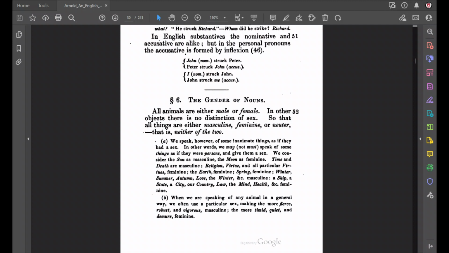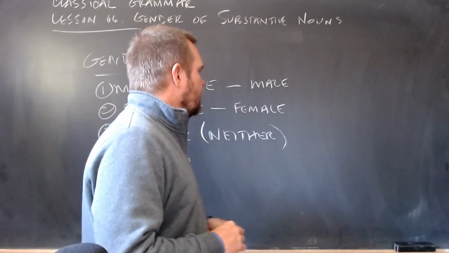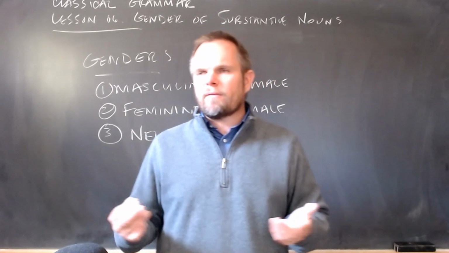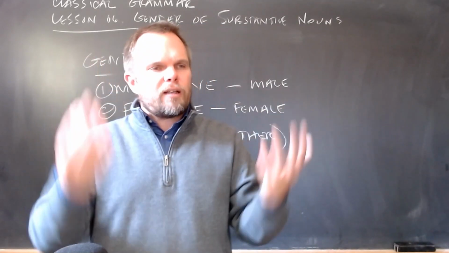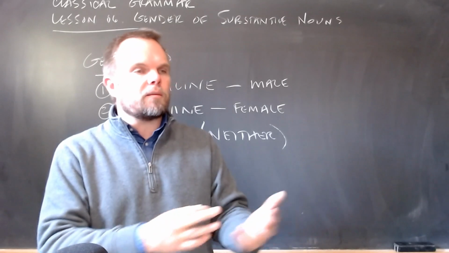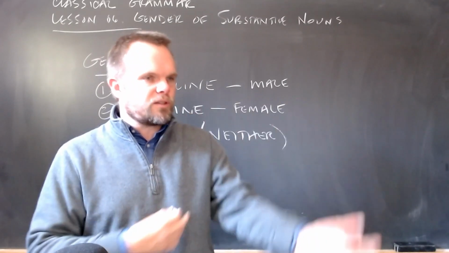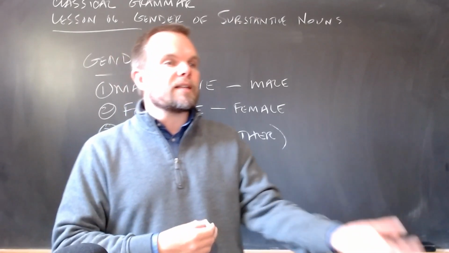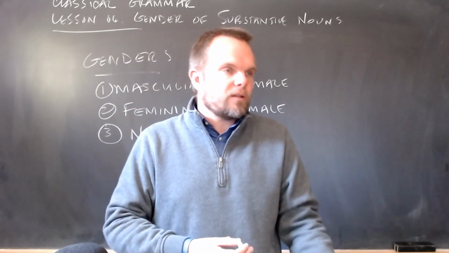And so we see that even though these things have no real gender, even though these are inanimate things, nevertheless, when we think about them, especially in art and poetry, we tend to personify them. And when we personify them, we often give them a gender.